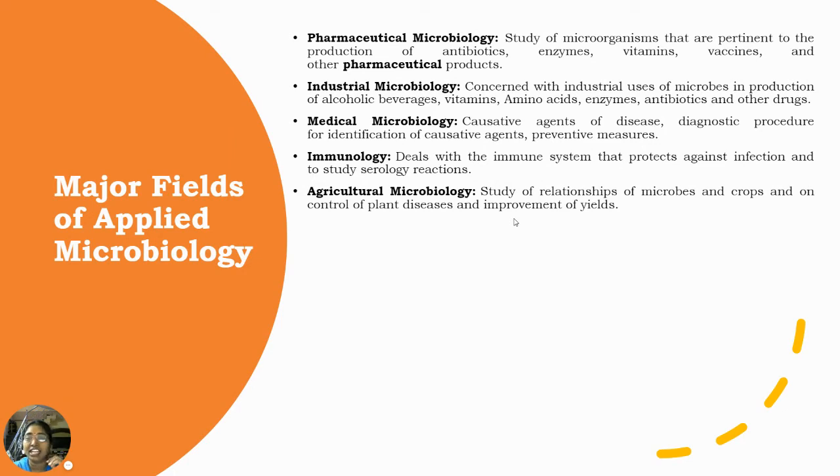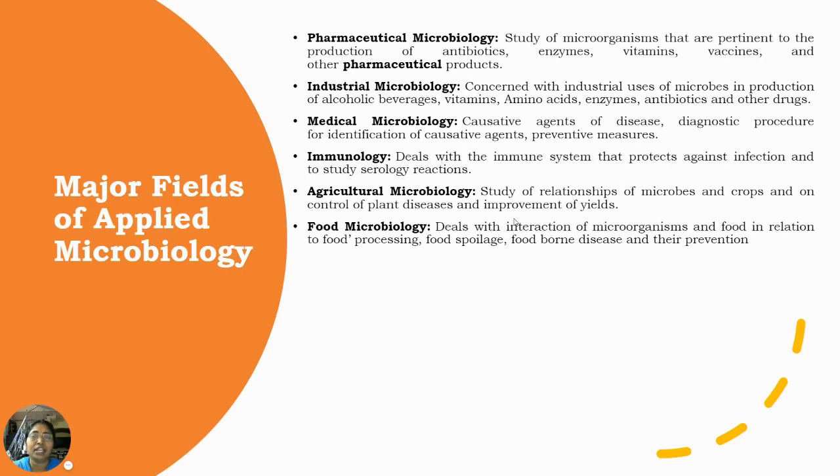If you remember, the rhizobium bacterium, which is present in the root nodules, is the best example. Like that, many other bacteria or microbes can be used to improve the yield of the crop or plant. All these things regarding relationships, the diseases plants get, their control, and improvement of yields, we can study under agricultural microbiology.